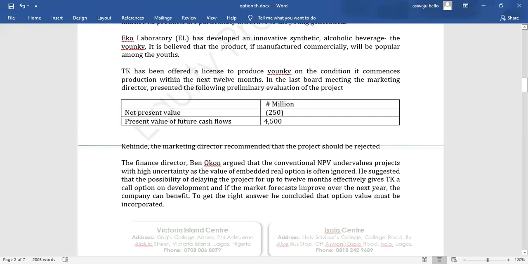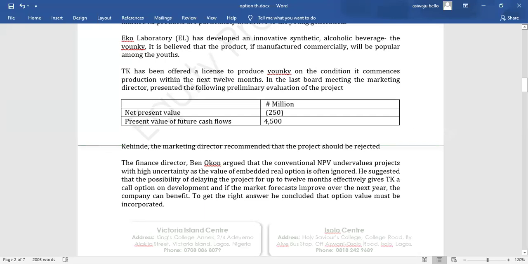Conventional net present value undervalues projects with high uncertainty. Hence, the project should not be rejected. Rather, the company should revalue the project by incorporating option value. The option value is that the project can be delayed for 1 year.